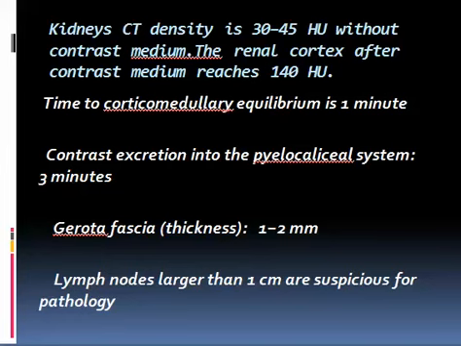Contrast excretion into the pelvicalyceal system takes 2 to 3 minutes, up to 5. The Gerota fascia thickness, sometimes seen in MRI or CT, is 1 to 2 millimeters. Lymph nodes near the kidneys more than 1 centimeter are suspicious for pathology. These are some normal parameters.